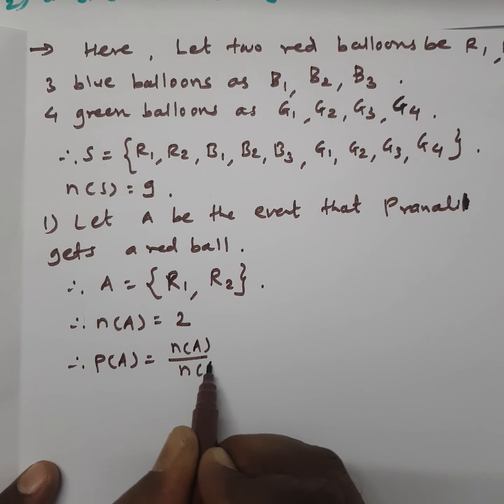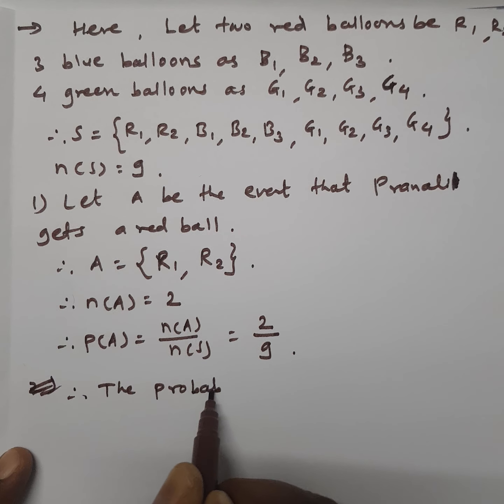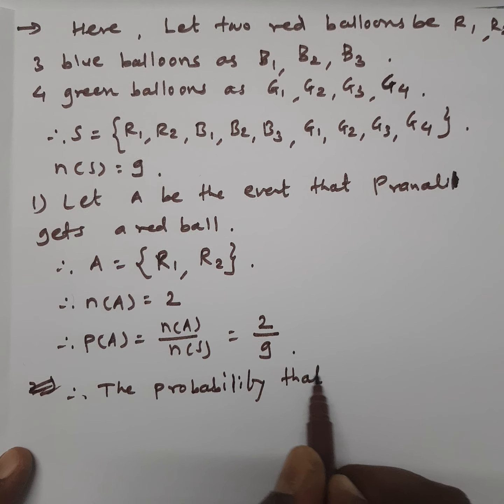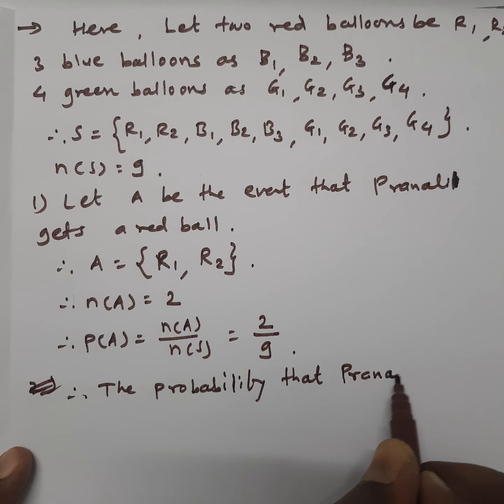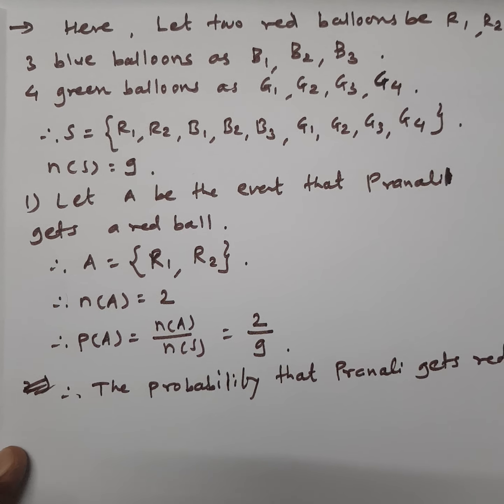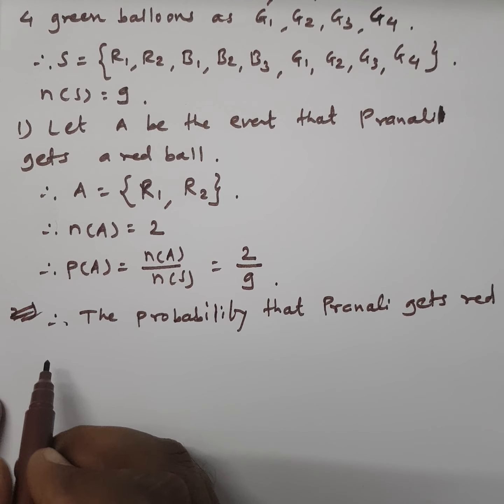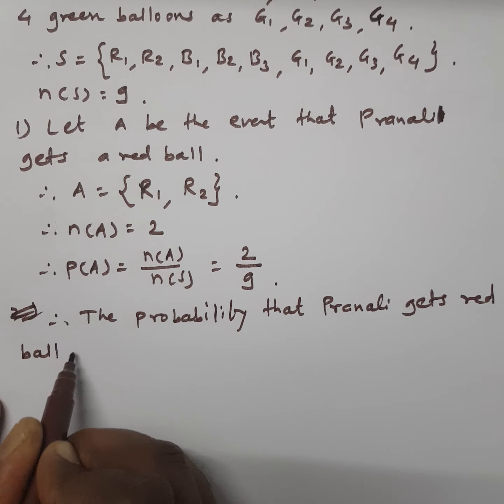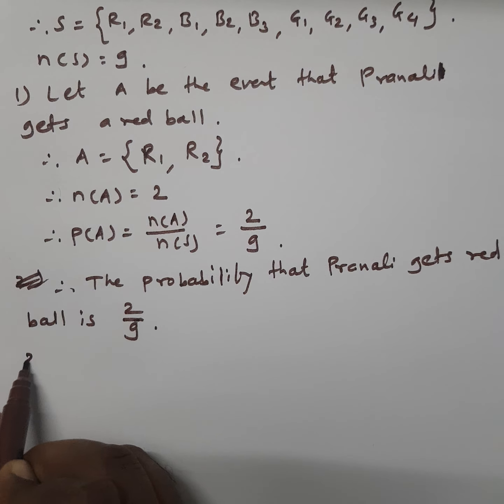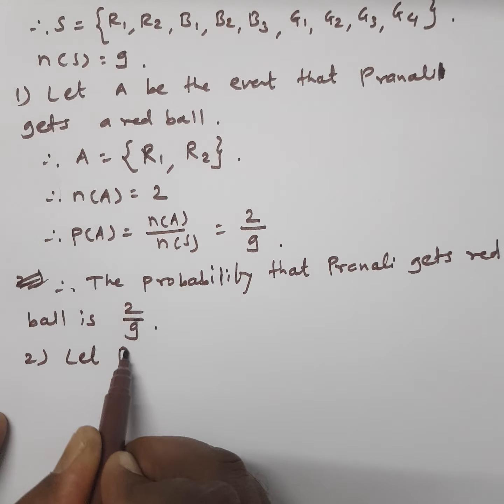Or in words we can write, the probability that Pranali gets a red balloon is 2 upon 9.